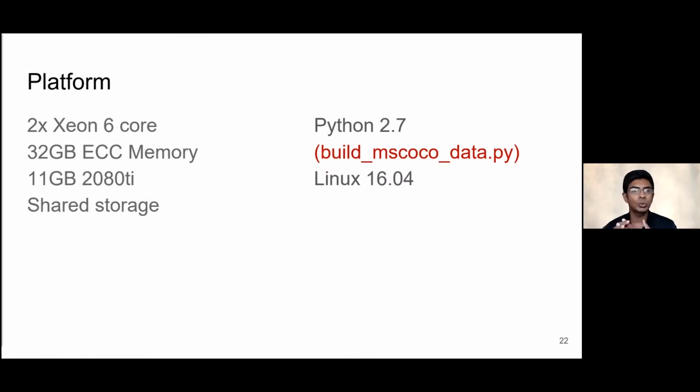And we have a 2-core processor with 32 gig memory on the server. Then we are processing images, which means we need lots of storage. So we have attached a shared storage device to store all these images. And in terms of software, we used Python, and it ran on the Linux platform.